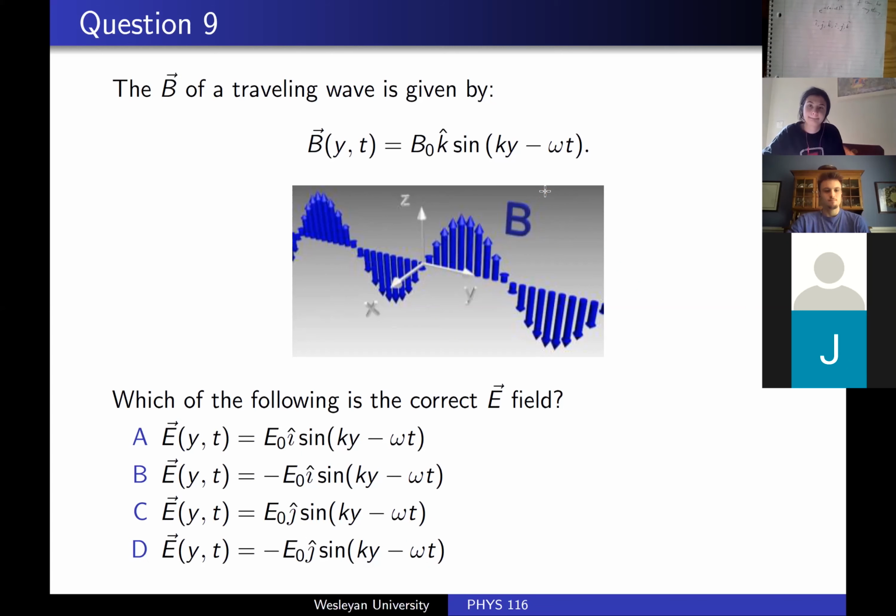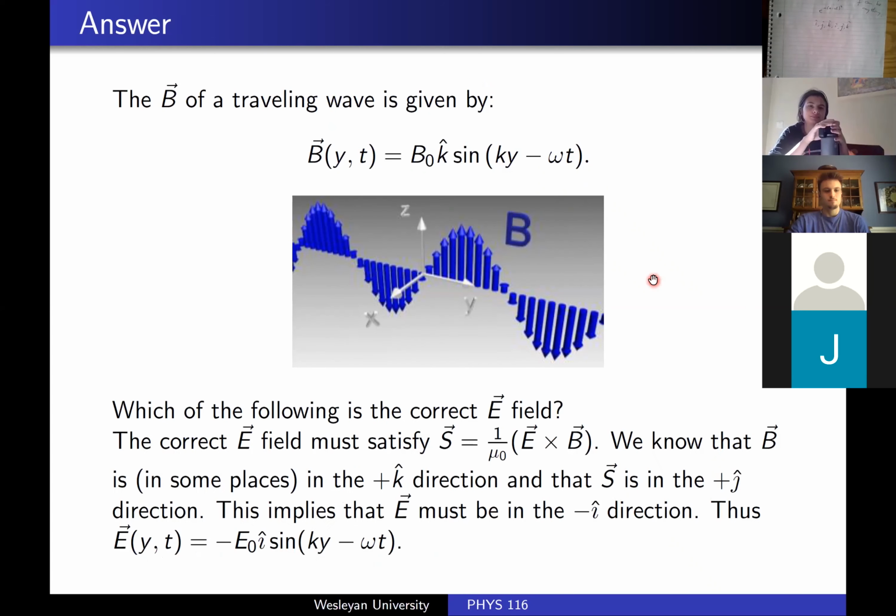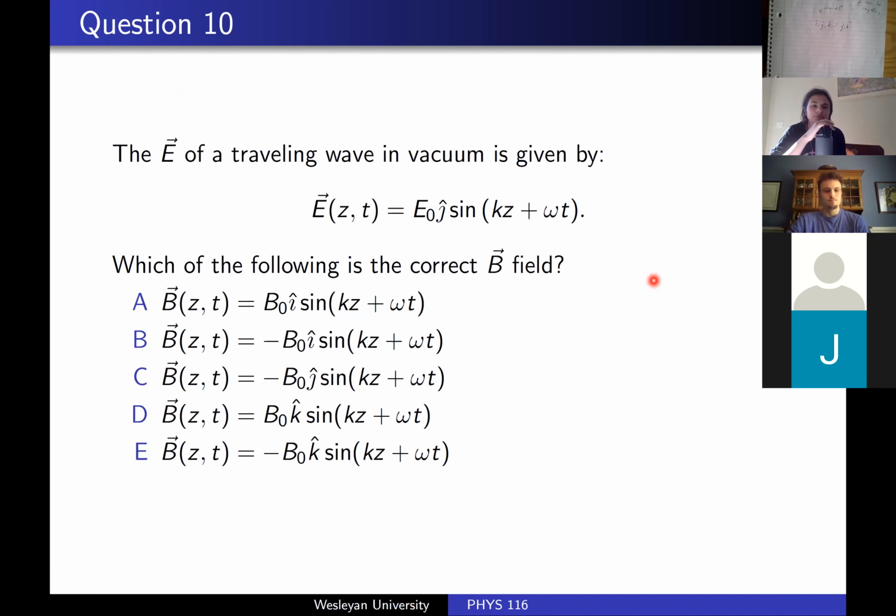Okay. So we have that. Let's try one more of those. Okay, again, pretty close, but slight edge for A, 52 to 36. So let's see. We have an E field.